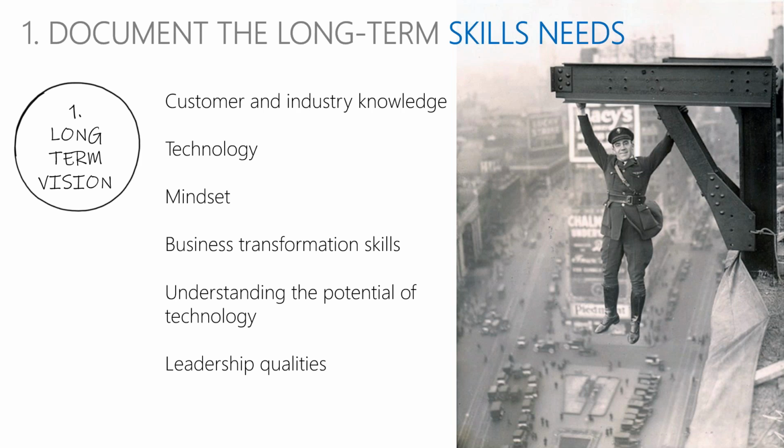Just understanding the application of technology. And of course, leadership. If we're putting together a plan for the future, we should be thinking about the qualities and the characteristics of our future leaders. And so we should be planning at an early stage for what we want those behaviors and people to look like.